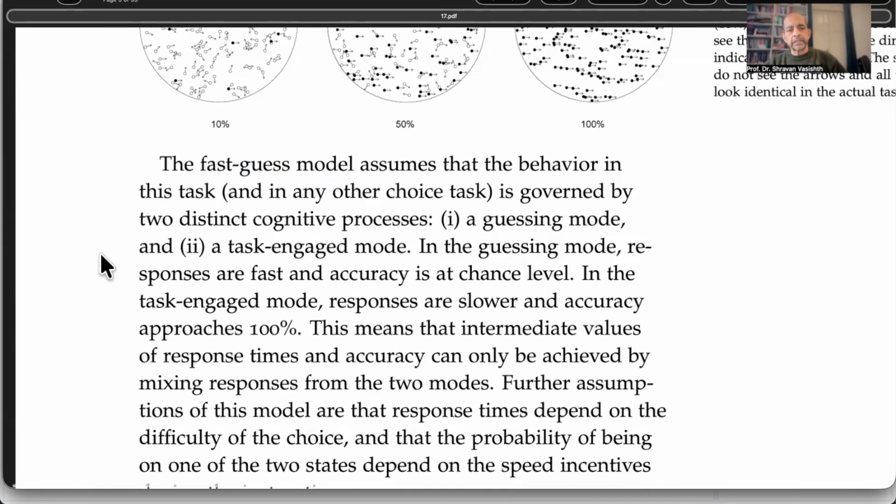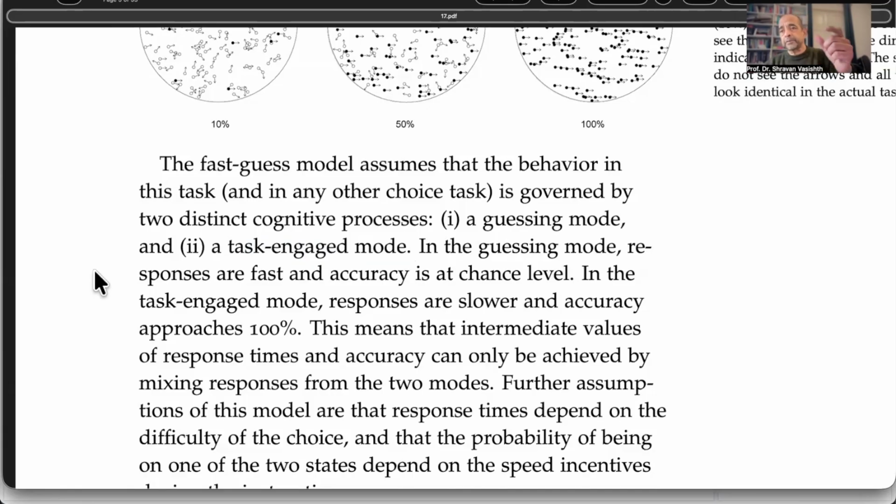So it's governed by two different cognitive processes. One process is a guessing mode where you have no idea, and you just say, oh, right or left, right? And another is the task engaged mode where you are focusing on the task and you are able to identify the direction. Of course, you might still identify it incorrectly, but you're at least involved and mentally engaged here.